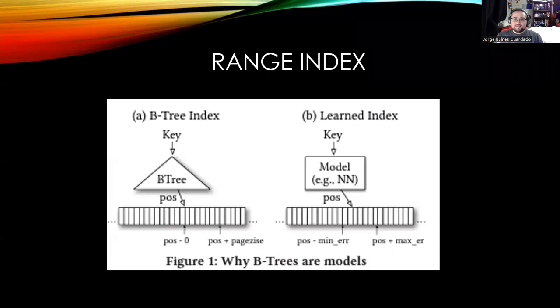In this case, the B-tree provides a mapping from the lookup key to a position inside the sorted array of records, with the guarantee that the key of the record at that position is the first key equal to or higher than the lookup key. The data has to be sorted to allow for efficient range requests.